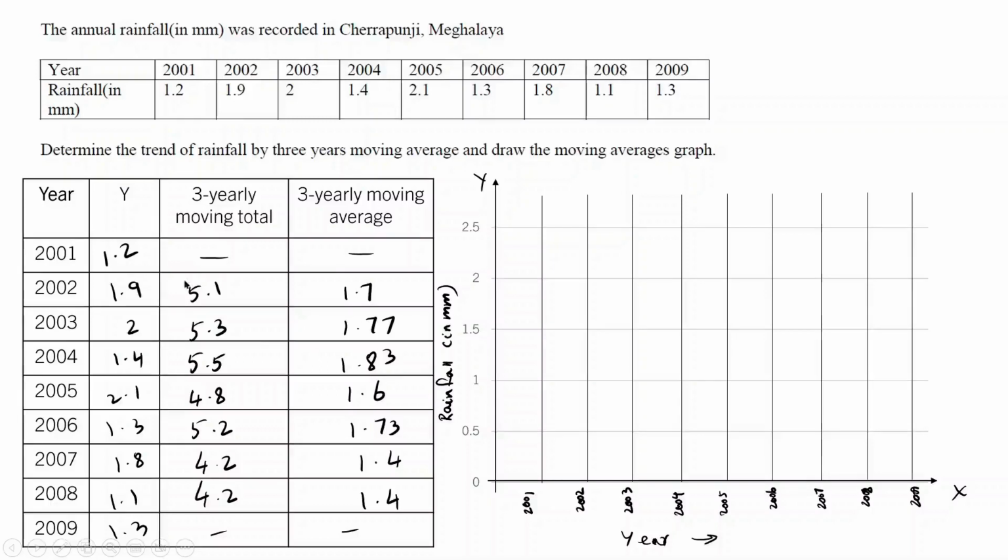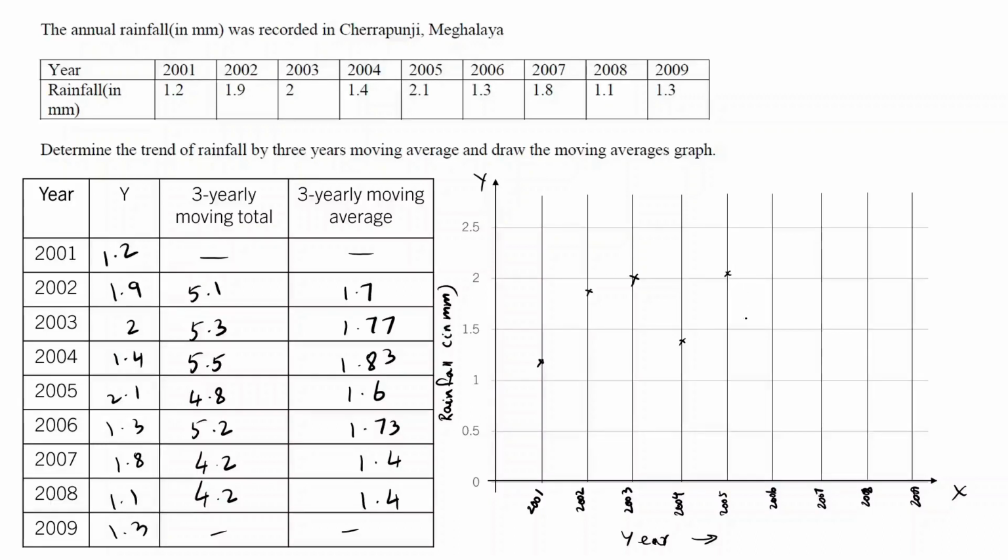First, we have to plot the points for actual data. So for 2001, it is 1.2, somewhere here. And then for 2002, it is 1.9, somewhere here. For 2003, it is 2. And then for 2004, it is 1.4. Then for 2005, it is 2.1.